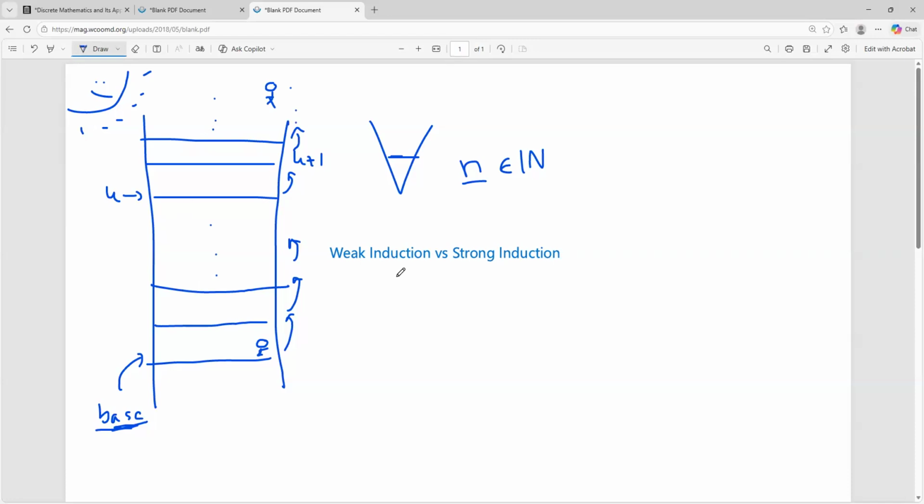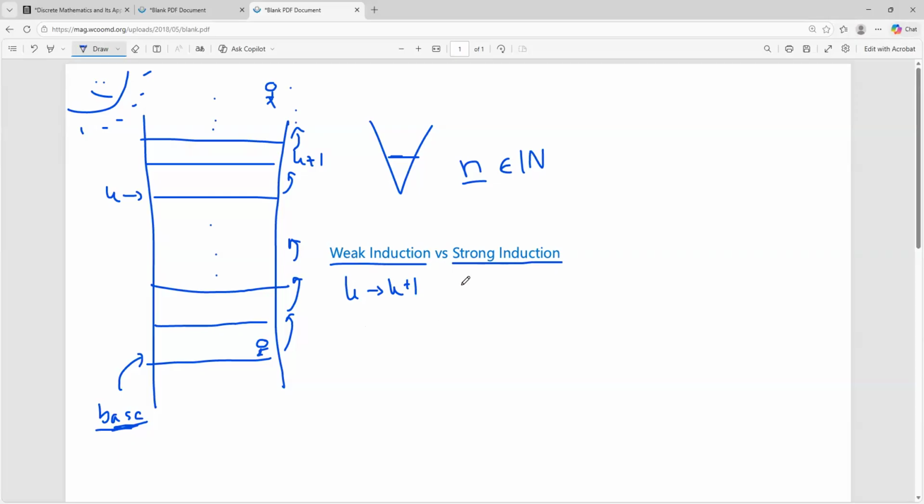The difference between weak induction versus strong induction is this. Weak induction says if I'm on any rung k, I can go to the next one. And in a lot of cases, such as when I have to prove summations, which I'll do an example of right now, weak induction is enough.